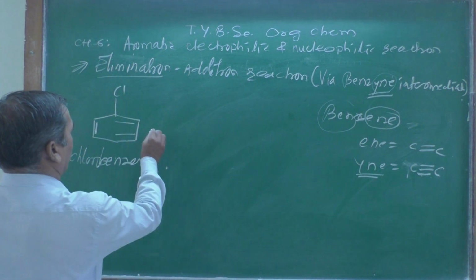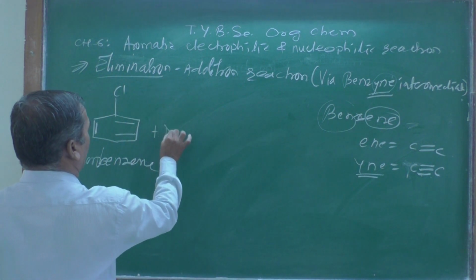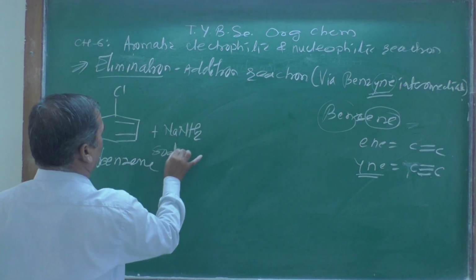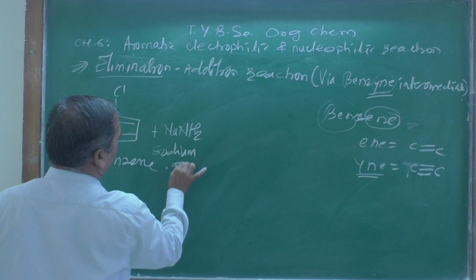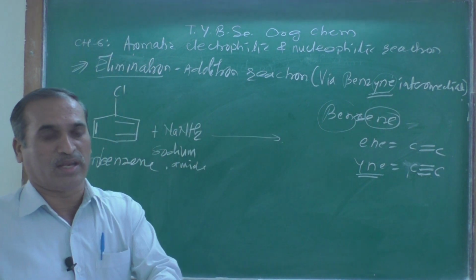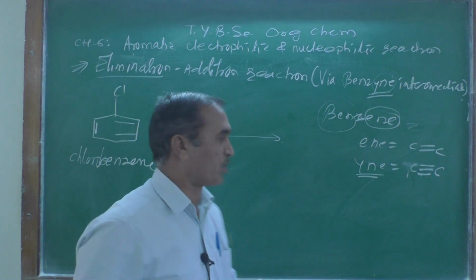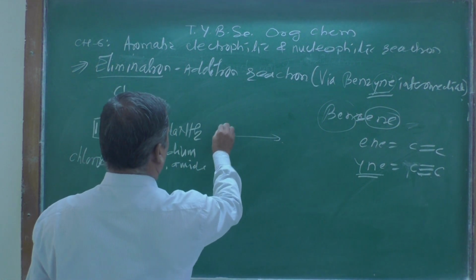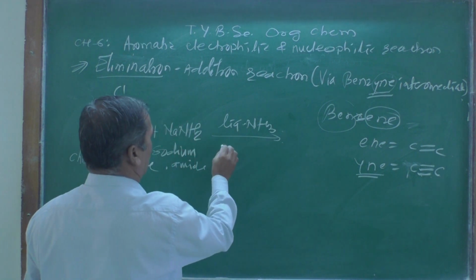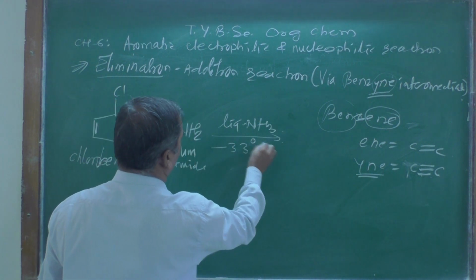Now when it is treated with sodium amide, NH2 is known as sodium amide, and this reaction is generally carried out at low temperature, in liquid ammonia, NH3, at minus 33 degrees centigrade.